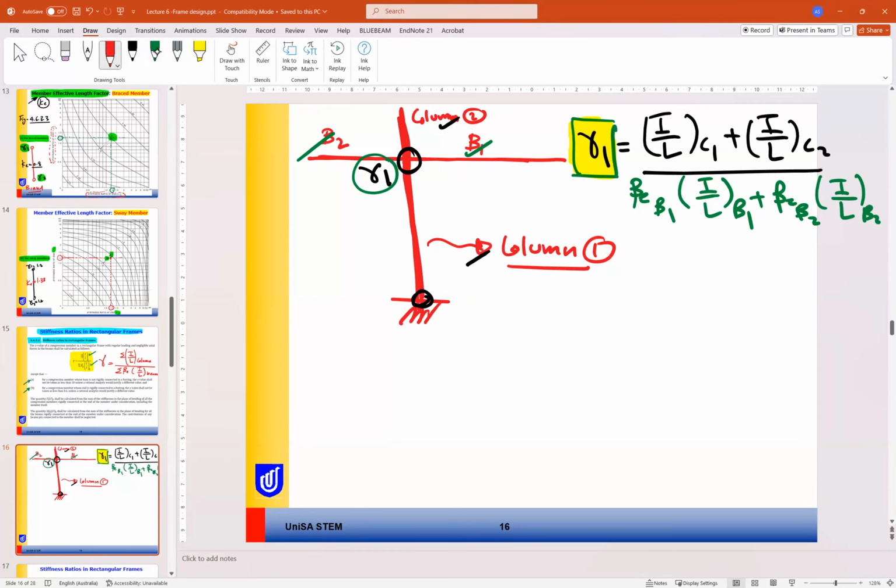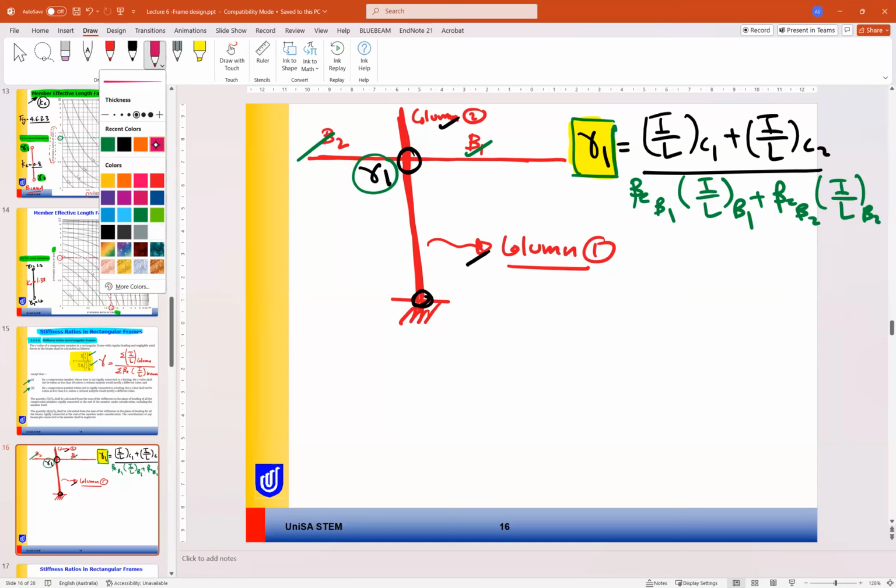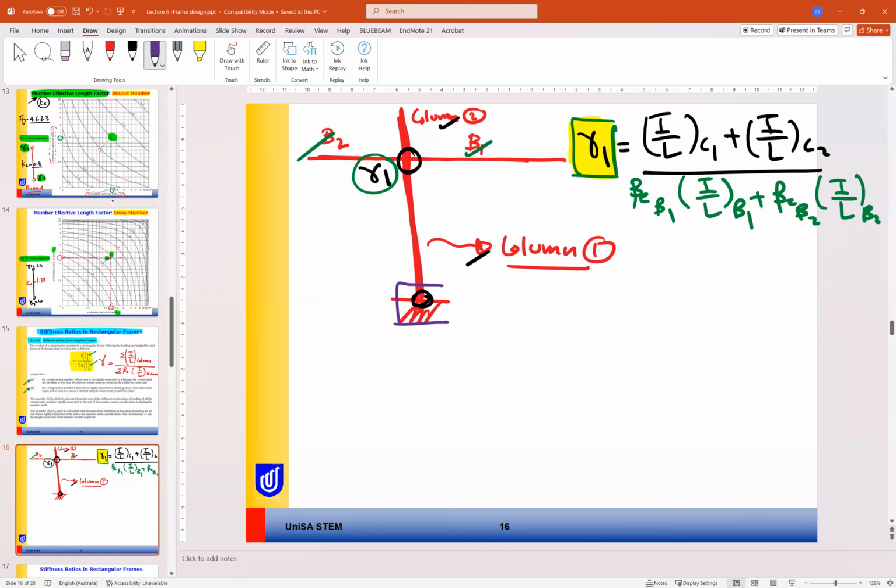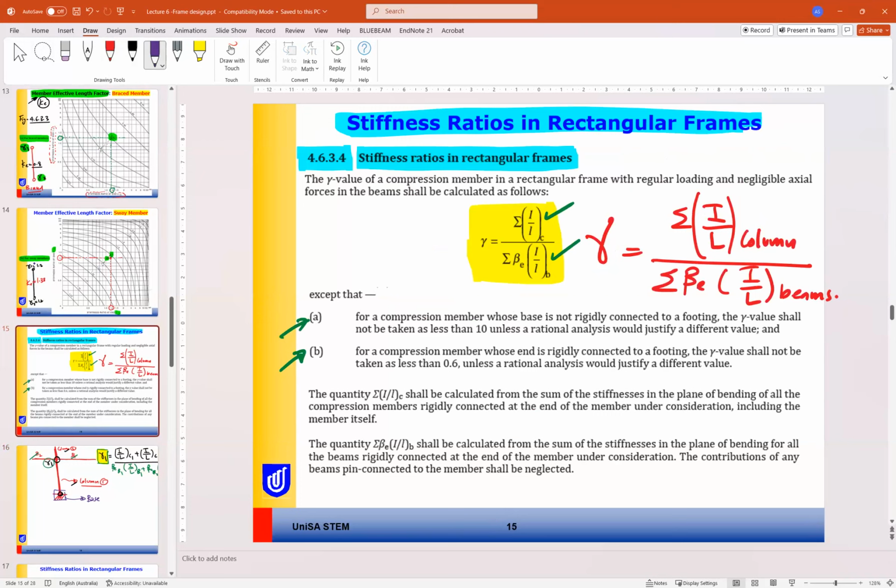For the base, which is this part here, we have two cases. The first case, for a base that is not rigidly connected to the footing, the gamma value shall not be taken less than 10. For a member whose end is rigidly connected to the footing, gamma should not be less than 0.6.